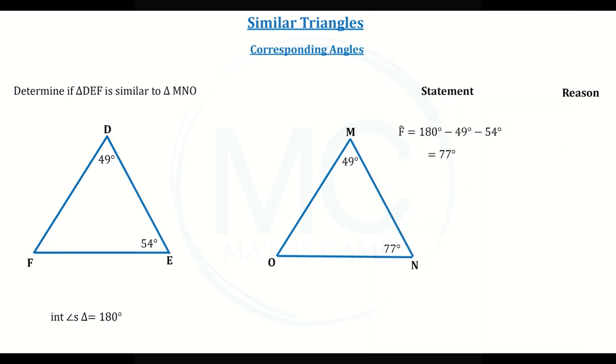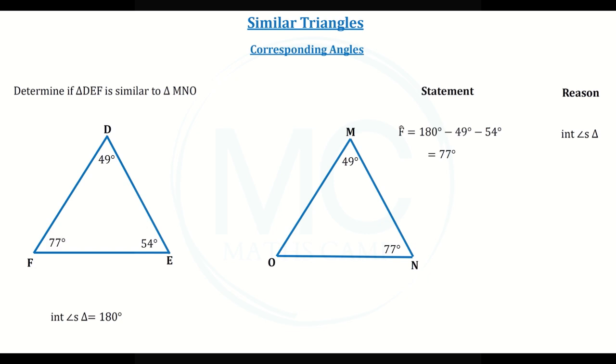This is the size of angle F. We know this is true because the internal angles of a triangle add up to 180 degrees. So we use internal angles of a triangle as our reason. Let's put 77 degrees into our triangle as well.